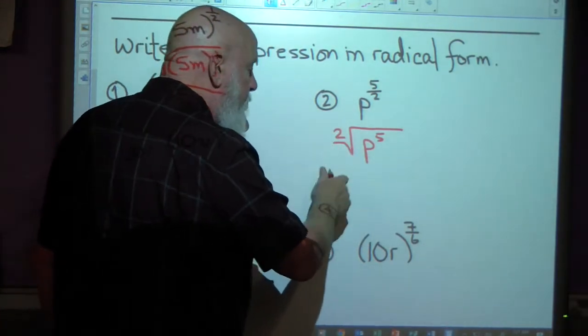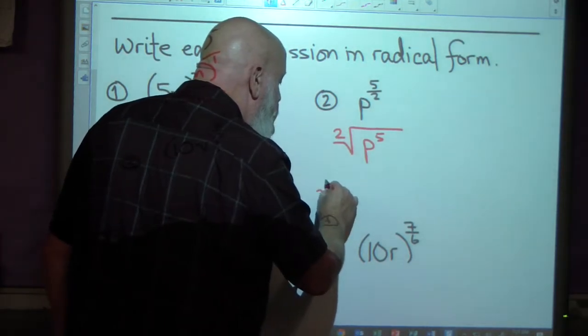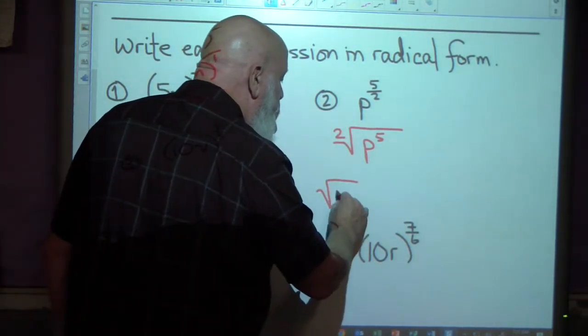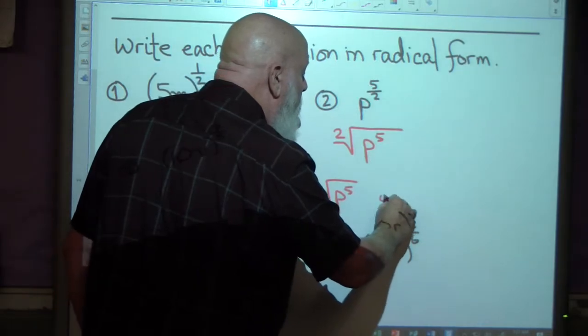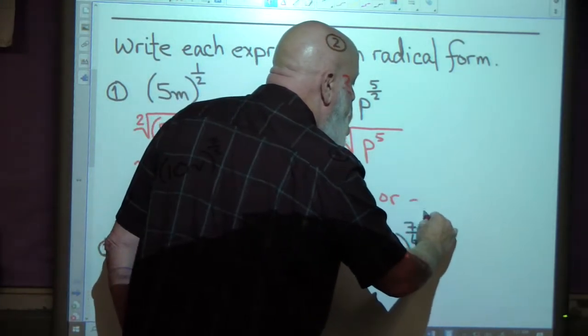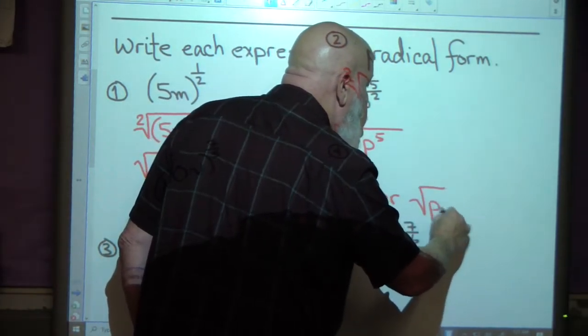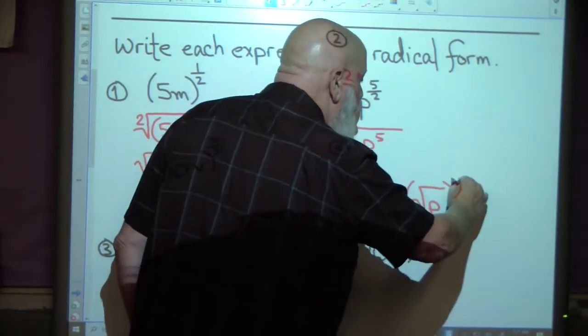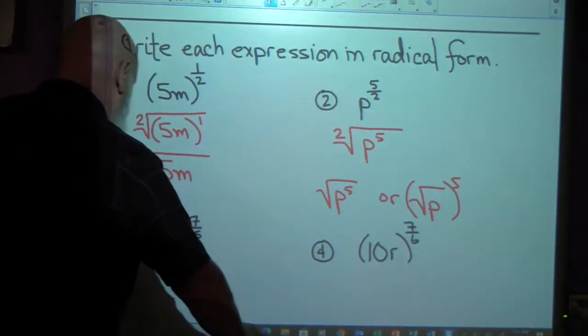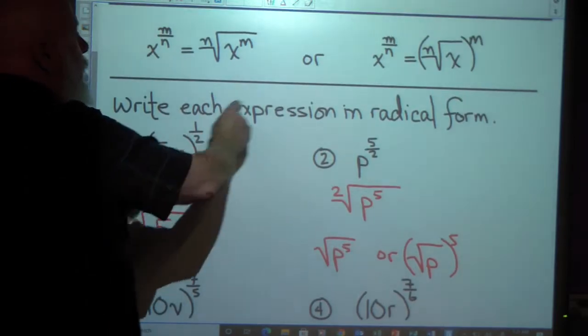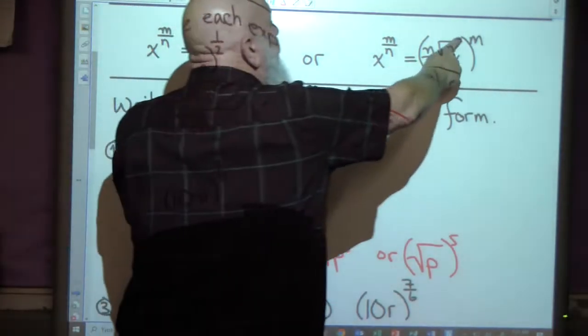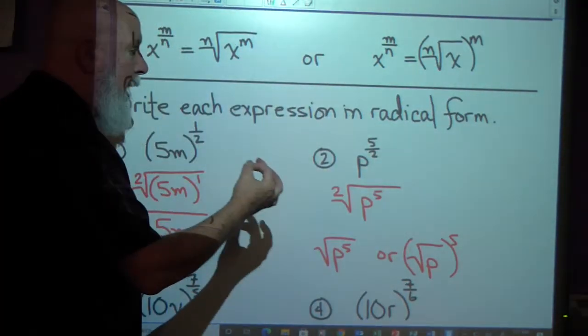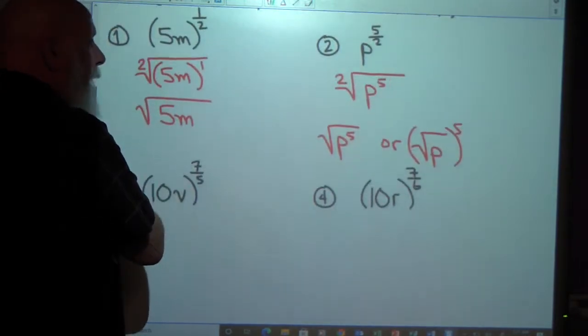I don't need to show it because it's implied. So I'm going to say this could be the square root of p to the 5th or the square root of p, and put parentheses around it and put that power out here like we did here. This and this have the same value. I'm going to show it both ways.